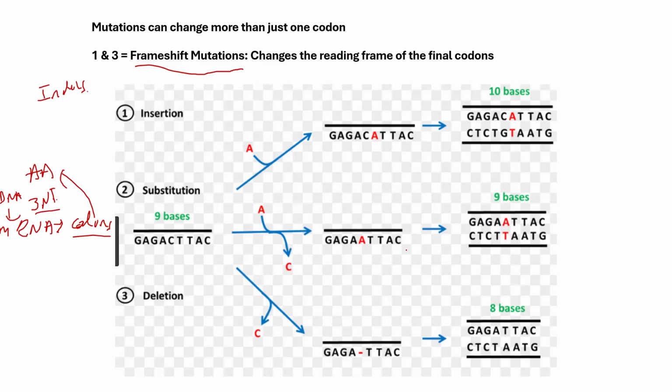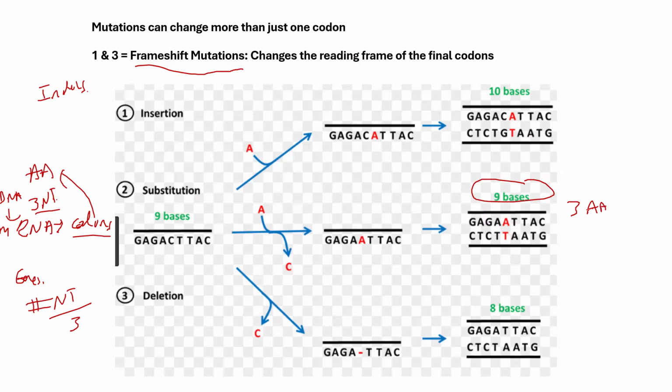So in effect, every gene, right? Every gene should have a number of nucleotides that is divisible by three. If it's anything more or less, so for example, normal, right? We have 9 bases. 9 bases is divisible by 3, so that is 3 amino acids.